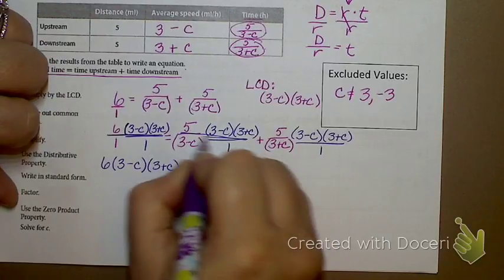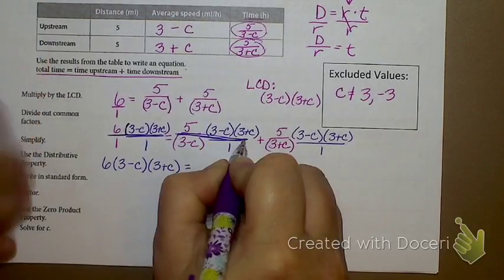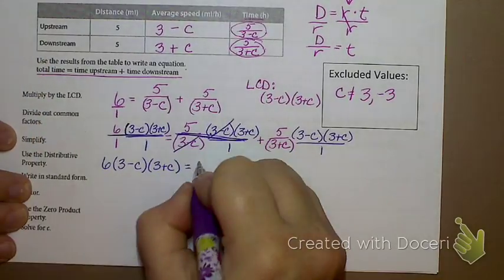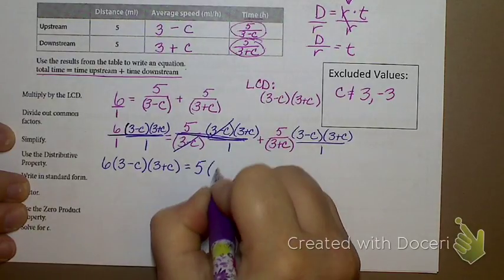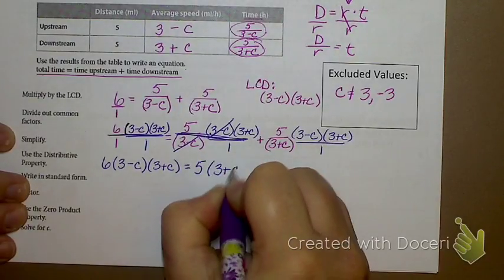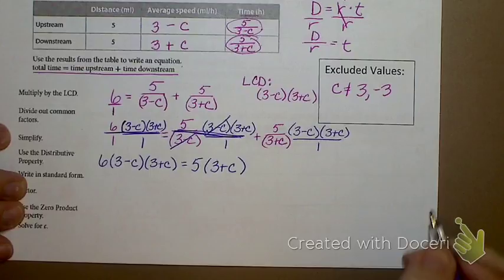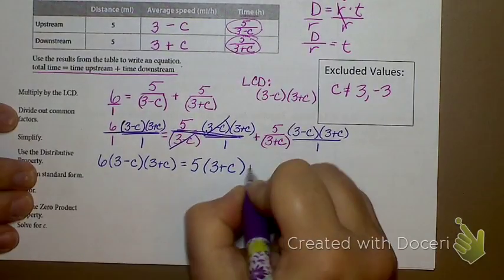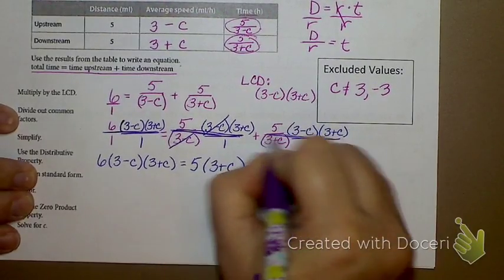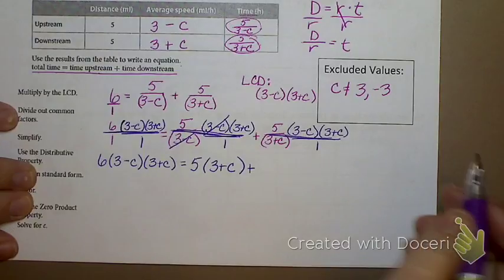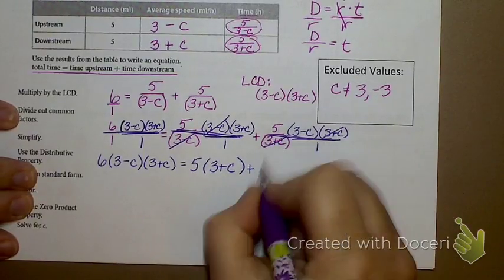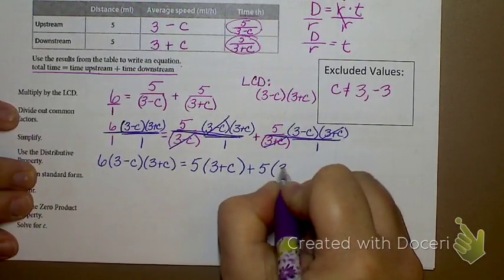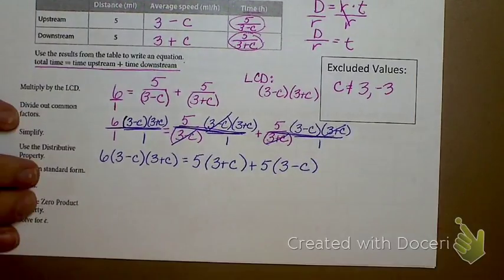What cancels out when I make this one giant fraction? 3 minus c, so I have 5, parentheses 3 plus c, plus, making this into one giant fraction, what do I have? What cancels? 3 plus c, so I have 5, parentheses 3 minus c.